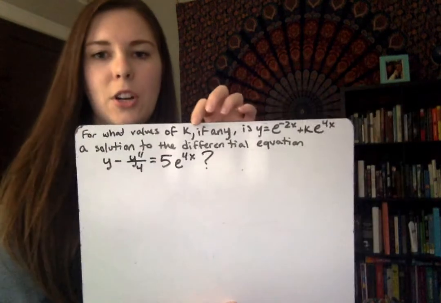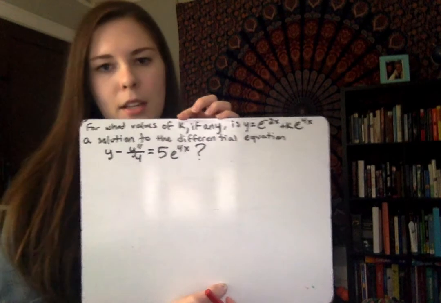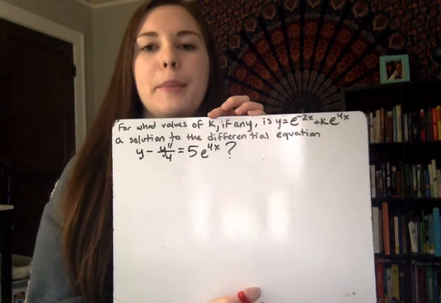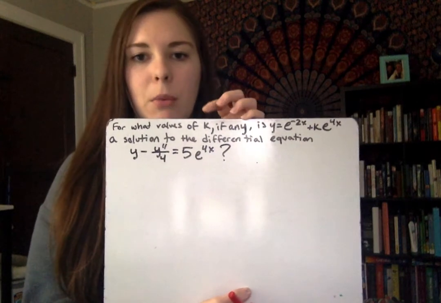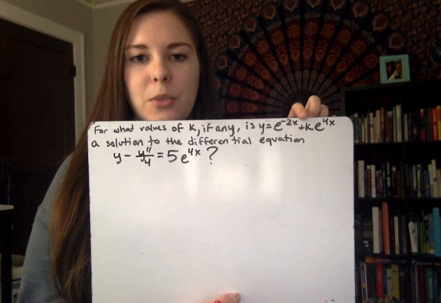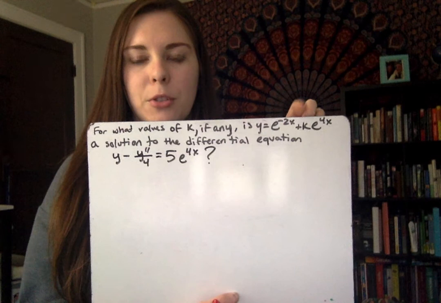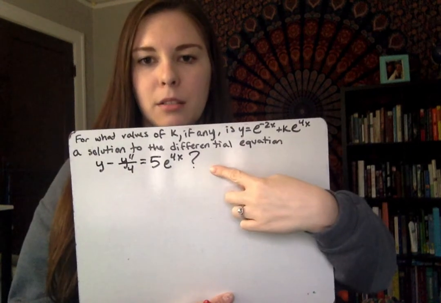Now, let's start off with what this is asking us. K or C in calculus are our descriptions of a constant or just some number. So I want to know what number I would have to plug into our original equation for it to fit this property.